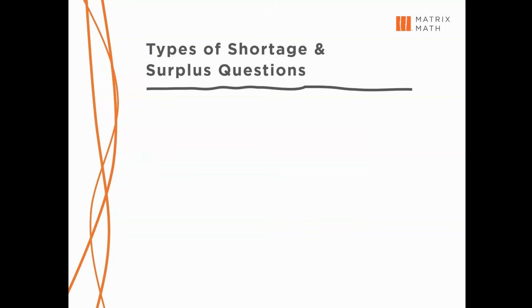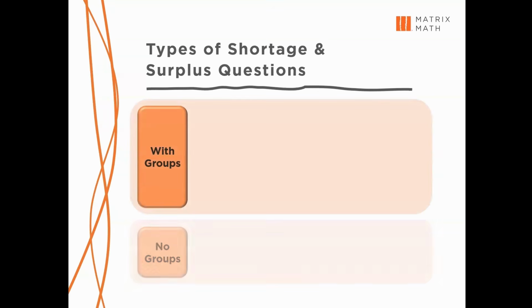Now let's dive into what we're covering today. Firstly, shortage and surplus questions can be broken down into 2 broad categories. One is when it involves groups, and the other is when there are no groups. Let's look at the first broad type first, with groups.